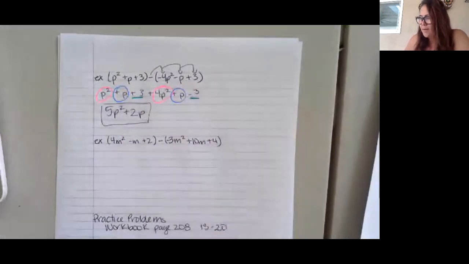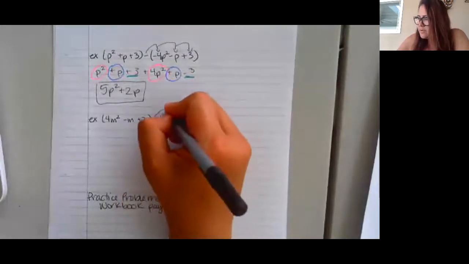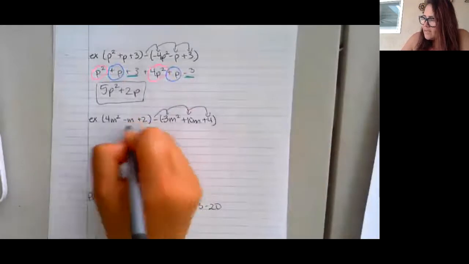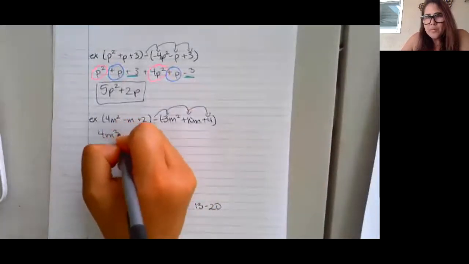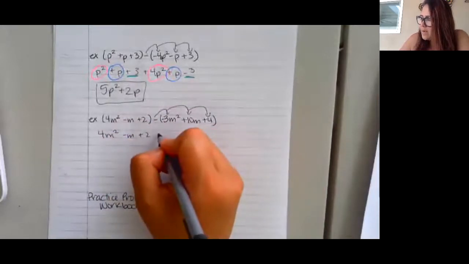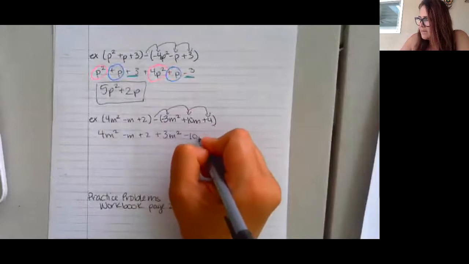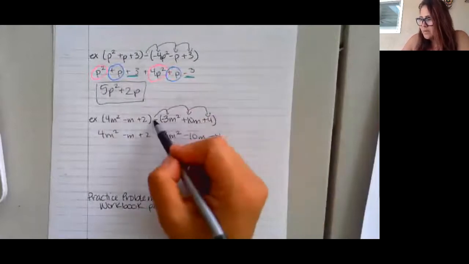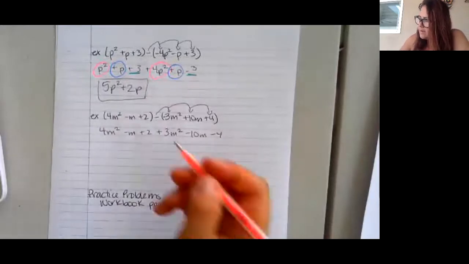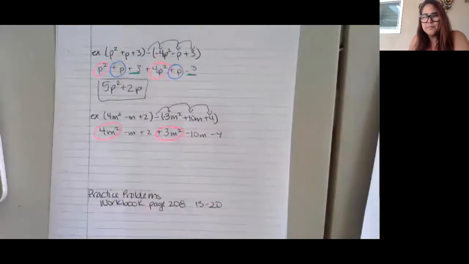Okay, and your last example. Again, you're subtracting, so distribute your negative. And this guy's going to be the same, 4m squared minus m plus 2, plus 3m squared minus 10m minus 4. Again, I'm distributing to each. I have 4m squared and 3m squared.